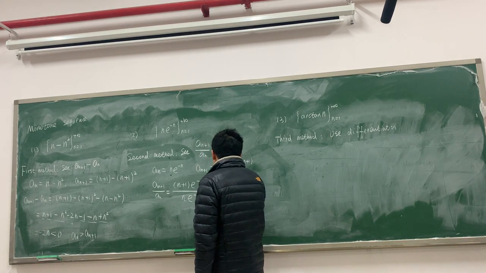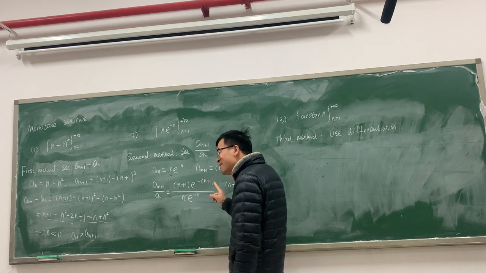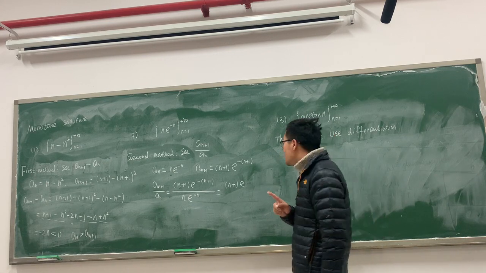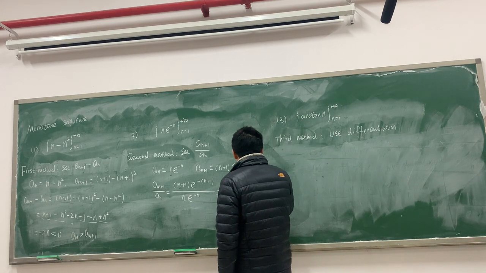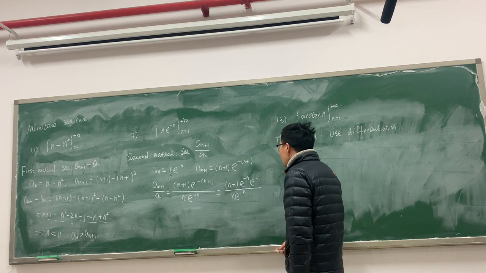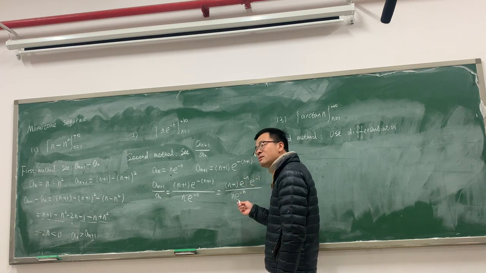So here we can rewrite it in terms of n+1. Here is e to the power of minus n minus 1, which actually is e to the power of minus n times e to the power of minus 1. So over n e to the power of minus n, the e to the power of minus n cancels.